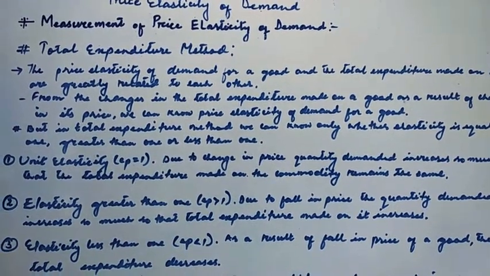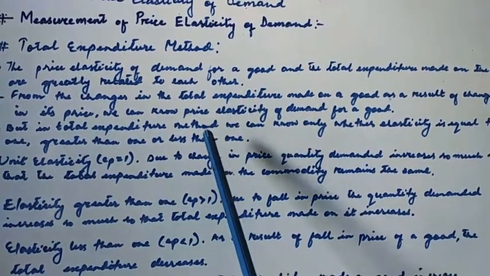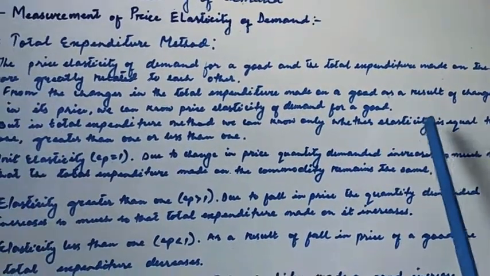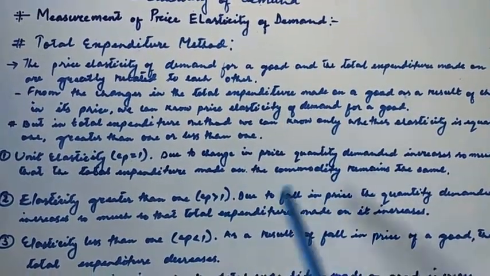But we should remember that in the total expenditure method or total outlay method, we can only know whether elasticity is equal to 1, greater than 1, or less than 1.